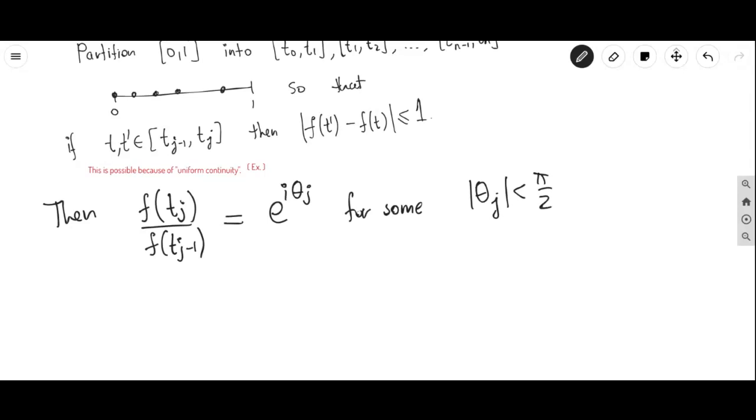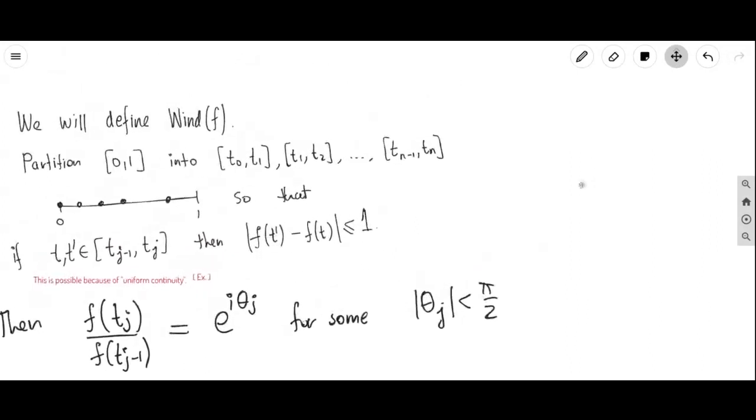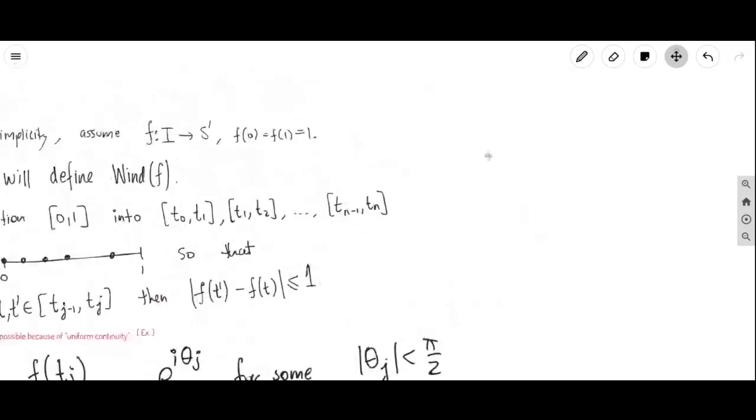So let me explain what just happened, because this is somewhat confusing. If you look at Ahlfors's treatment of it, he sort of just asserts it. It's a little bit confusing, but let me explain what's going on.